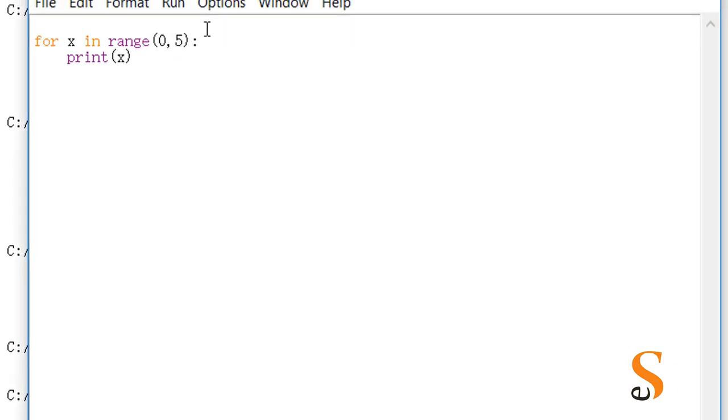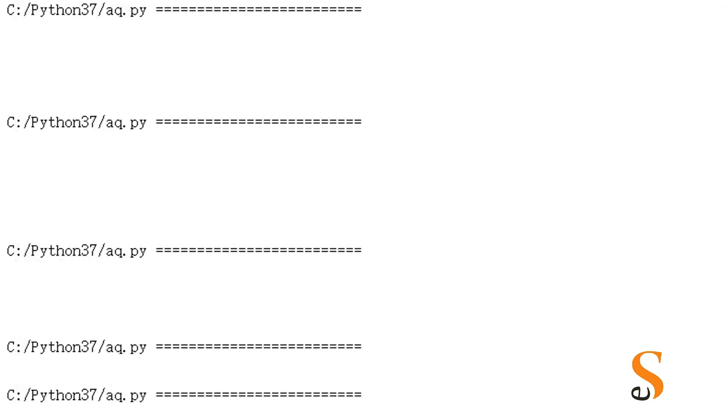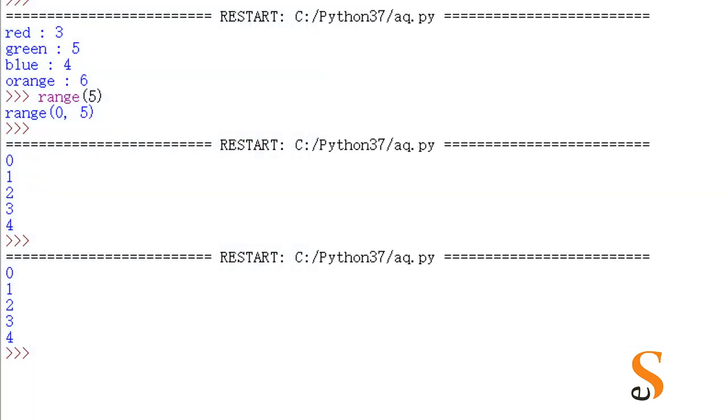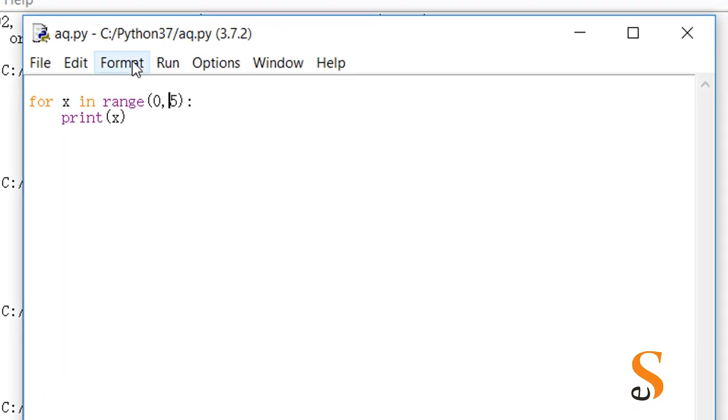Now, if you see, the difference between each number is 1. Every subsequent number has a difference of 1. What if we want a difference which is not 1, more than 1? In that case, it is called giving a step. Let's suppose we want the numbers from 0 till 10 with a difference of 3. That is a step of 3. So the third argument here is a step.